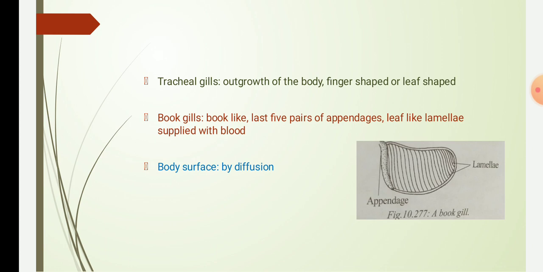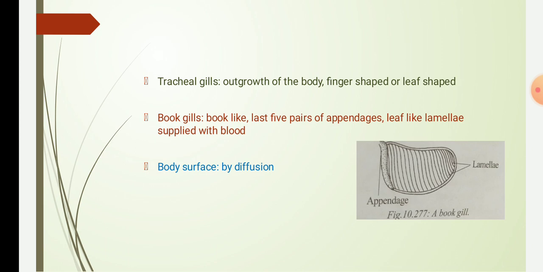For example, mayfly, M-A-Y-F-L-Y, will contain 7 pairs of leaf-like tracheal gills. This structure will be leaf-like or finger-like depending on the species, so the structure of the lamellae will differ among species.